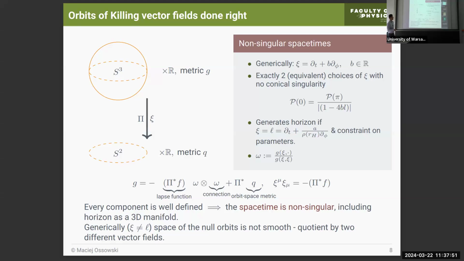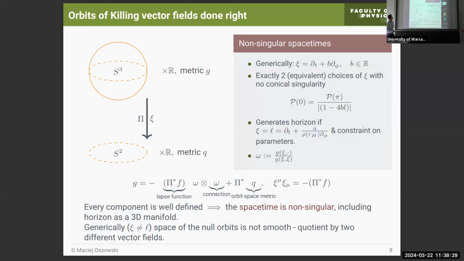However, its space of the null generators, because we would have to do a quotient by a different field than psi, is actually only locally defined. And even if you would insist on extending this locally defined space of the null generators, we would see that this is a sphere with conical singularities. So this is the reason why we consider those types of horizons.